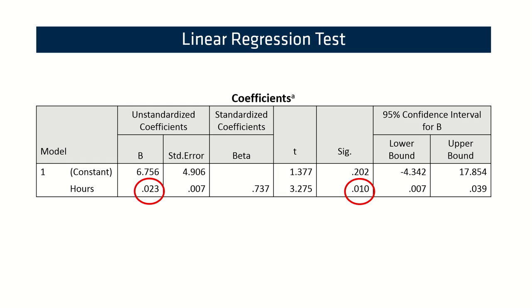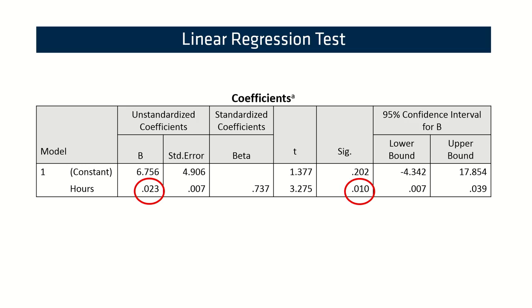The interpretation of the significance level for linear regression is the same as for other statistical tests, where a value greater than 0.05 would mean that we accept the null hypothesis, and a value less than 0.05 would mean that we reject the null hypothesis and accept its alternative. In this example, the significance level is less than 0.05, meaning that there is a significant relationship between grades and individual study time.